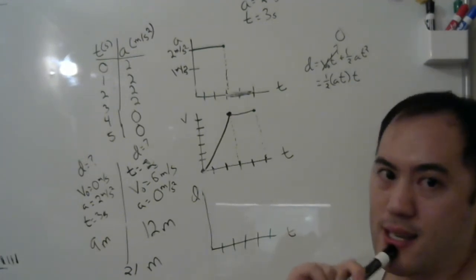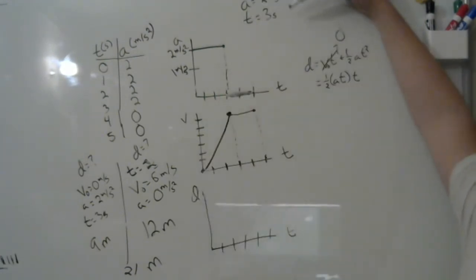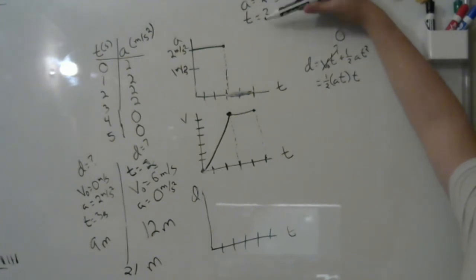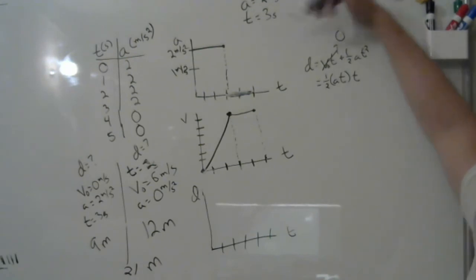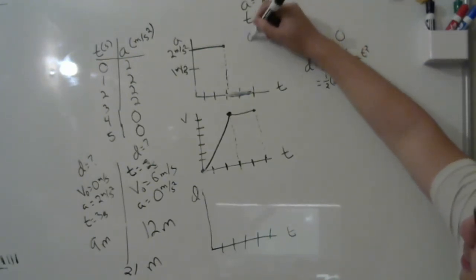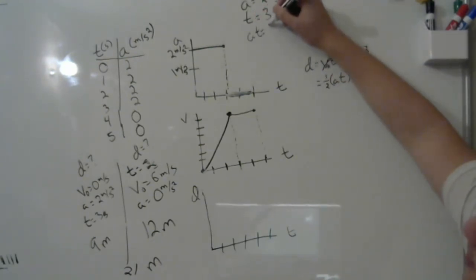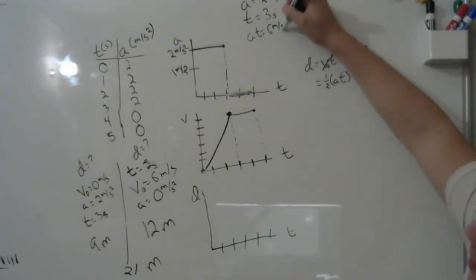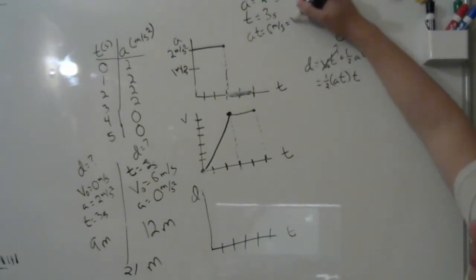What's at? If you remember, up here, where it's cut off right now, a is 2 meters per second squared times 3 seconds. At is 6 meters per second. That is the final velocity.